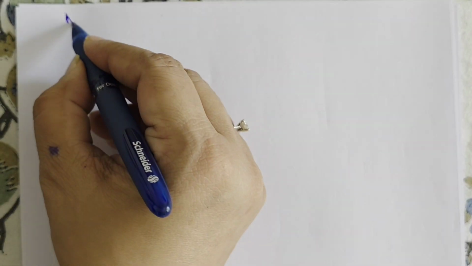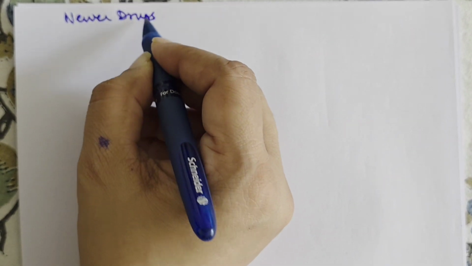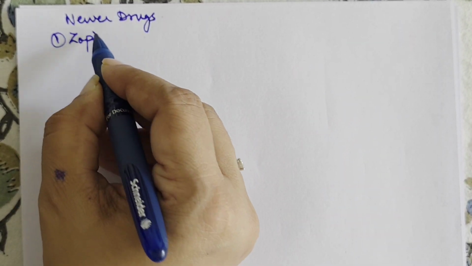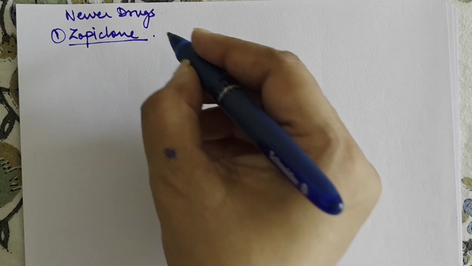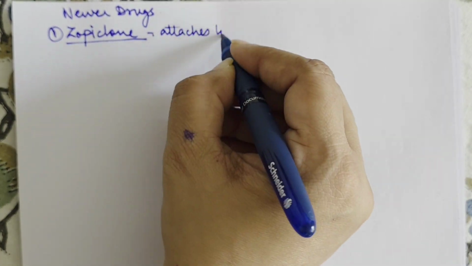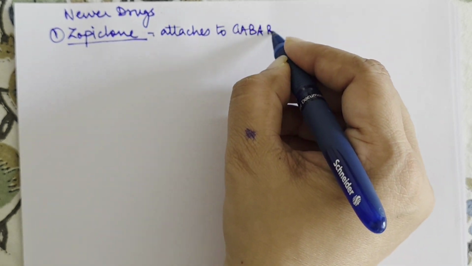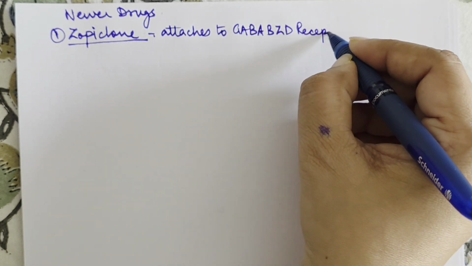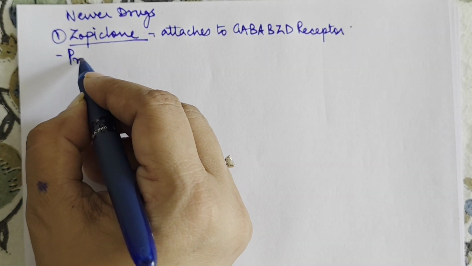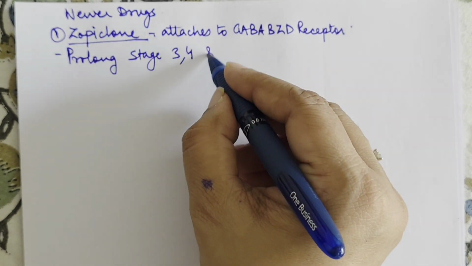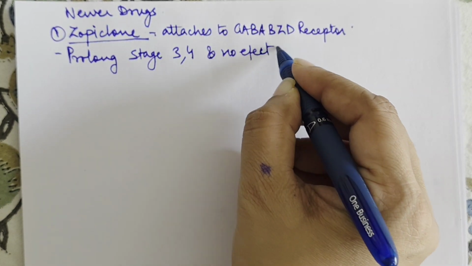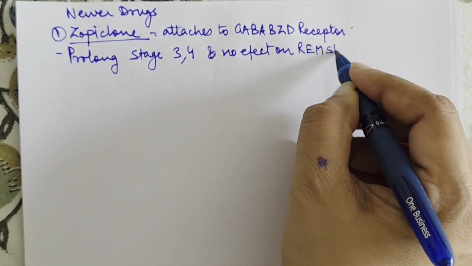Now let us come to the newer drugs. The first drug that we have is zopiclone. Zopiclone basically attaches to, again, the GABA benzodiazepine receptor, only at a different site. It prolongs stage 3 and 4 and does not affect the REM sleep.